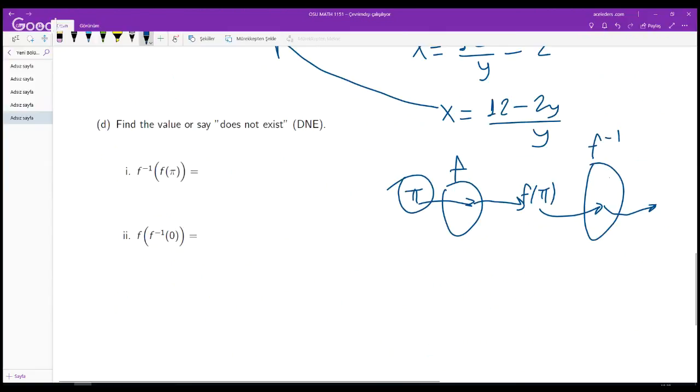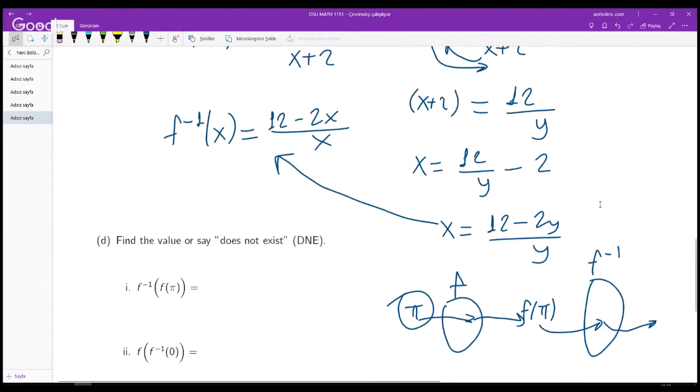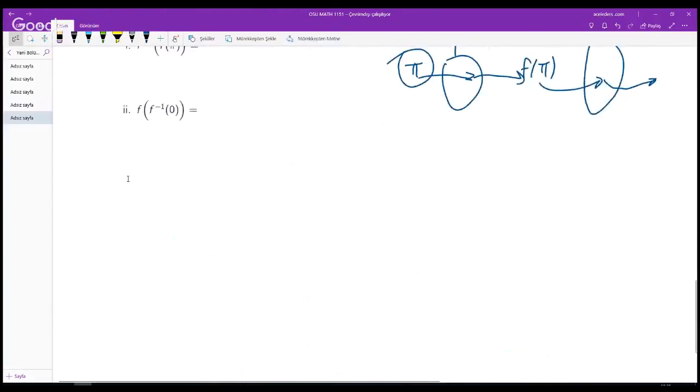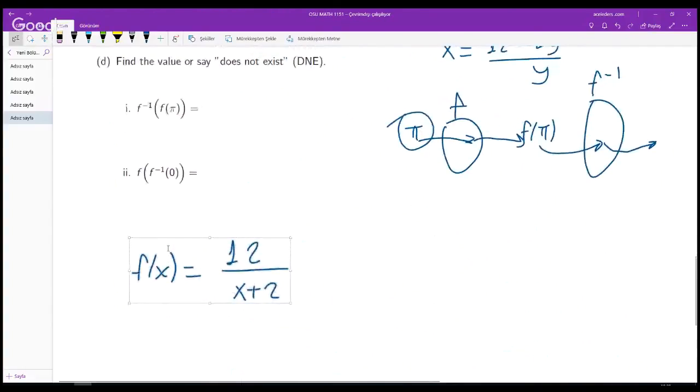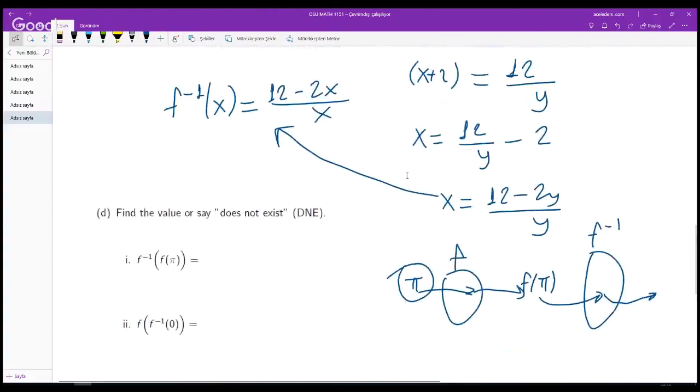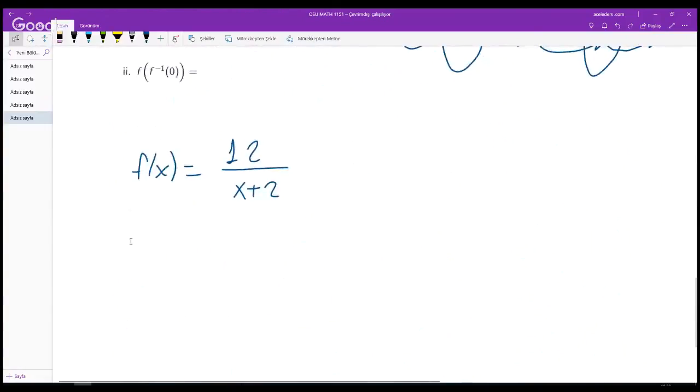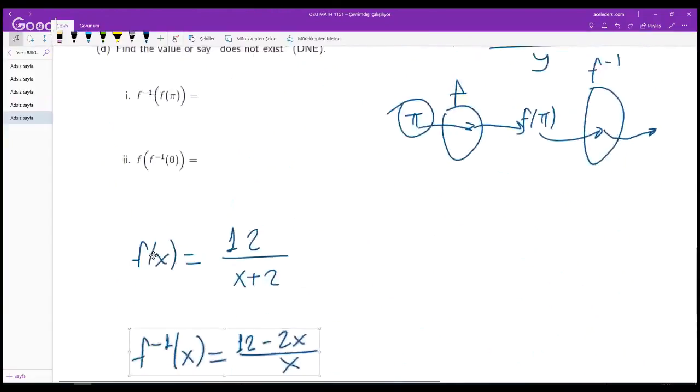So the question here is, do we need to calculate the values? Let's take the f of x expression and the f inverse expression.